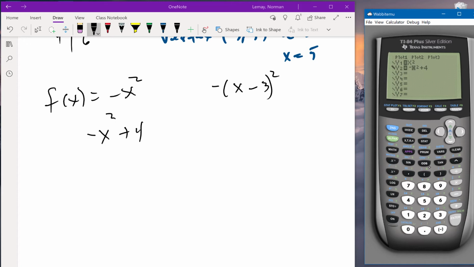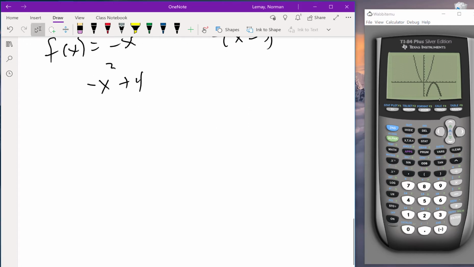So let's go minus, open bracket, x minus 3, and let's go ahead and square that. All right, let's graph. Okay, so there's our x squared, and look at that, flipped it upside down. Our vertex has shifted to the right 3.